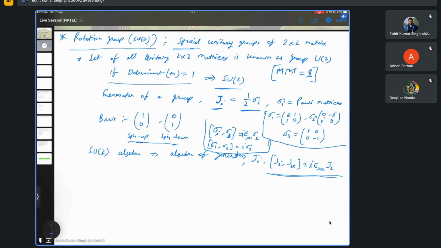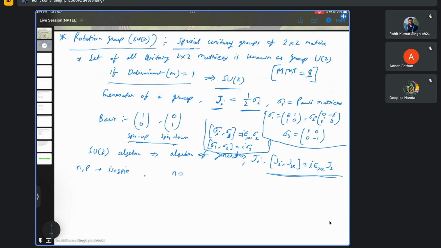Then, we were studying about isospin. Like the spin of electrons or charged particles, we saw that the neutron and proton are grouped together using isospin, right?